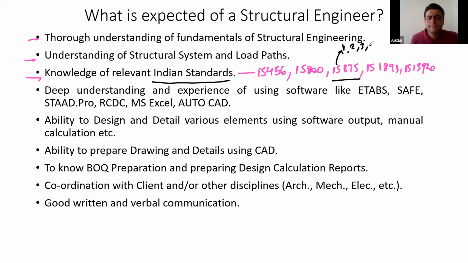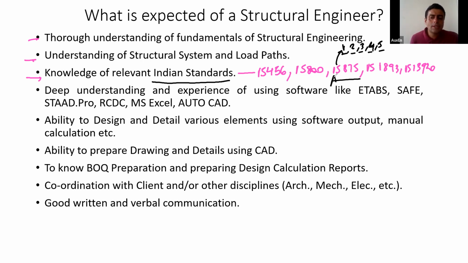Part 1 is for dead loads, part 2 is for live loads, part 3 is for wind loads, part 4, what is it for? Part 5 is for special loads and load combinations. Part 4, I think, is for snow loads. Very good, Mr. Mukesh is saying part 4 is for snow loads.